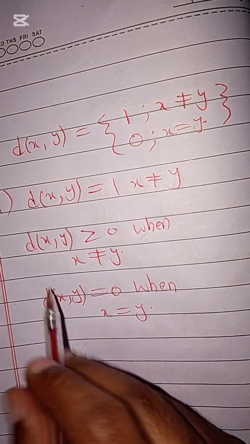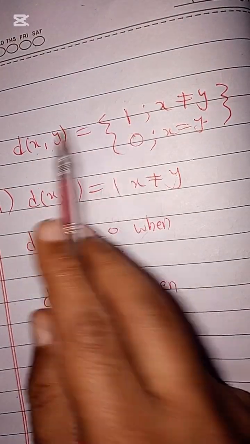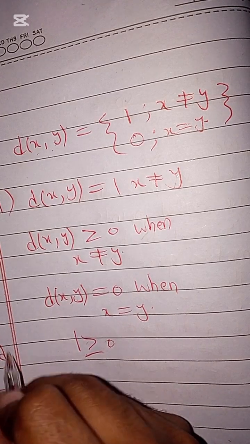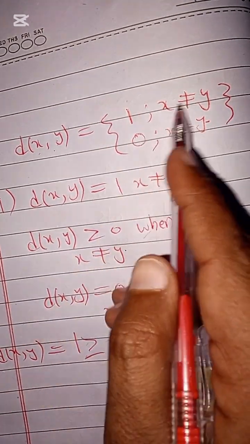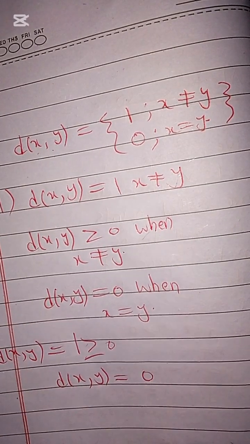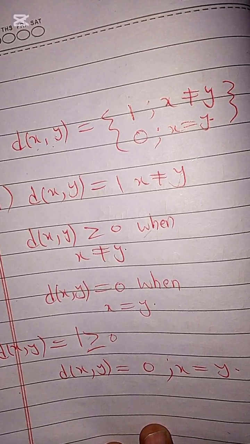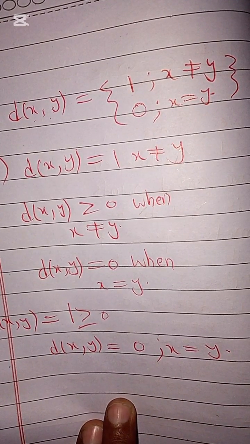The distance is greater than or equal to 0 because it is 1, and it is 0 when x equals y. So the first condition is satisfied.